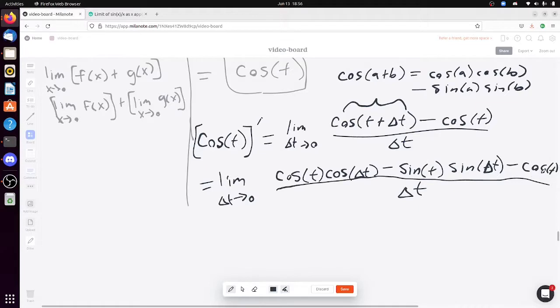So just trying to rearrange here. We have the cosine t term here, so we're going to try to do a similar thing that we did last time around, and just see how we can simplify things and reduce the limits as much as possible.